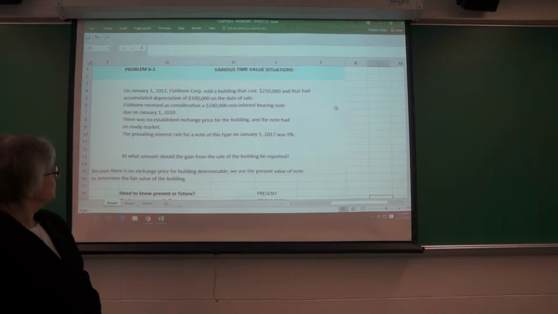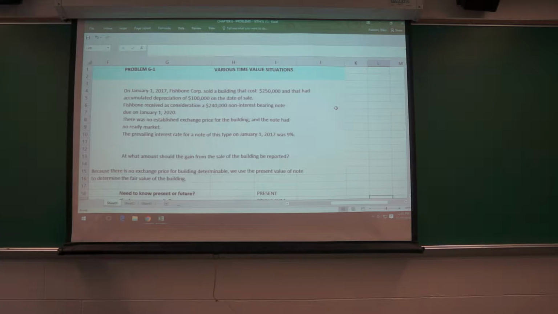And so when you're starting to work with these problems, sometimes it's a good idea to go to the journal entry that you know you're going to have to make eventually. And so we know that we're going to be debiting a note receivable, okay, because we're selling the equipment. So we're not getting cash, we're getting a note receivable. We know there's going to be some interest on that non-interest bearing note.